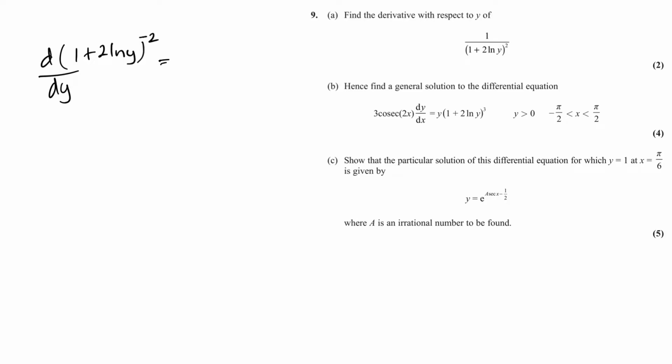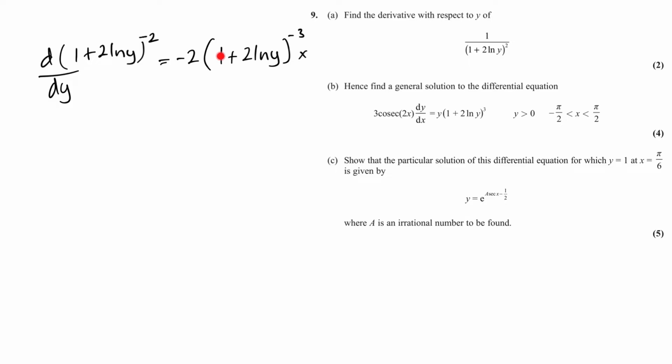Now we need to multiply by minus 2, 1 plus 2 ln y. Take 1 away from the power. And then I want to multiply by the inside of this bracket differentiated.